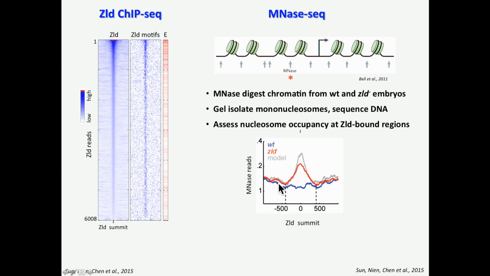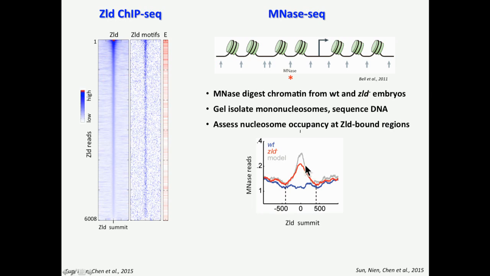So from wild-type embryos, that's shown in blue, and you can see that around the peak summit, we have lower nucleosome occupancy than outside regions. And notice that in Zelda minus, we now have higher nucleosome occupancy. So that means now you have more nucleosomes at these enhancers in the absence of Zelda, whereas in the presence of Zelda, you have fewer nucleosomes.